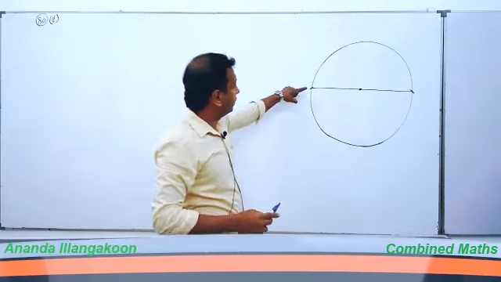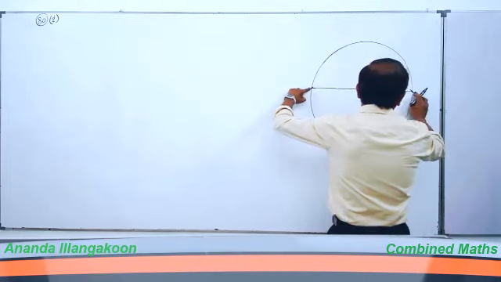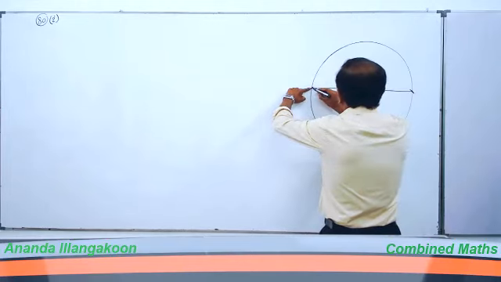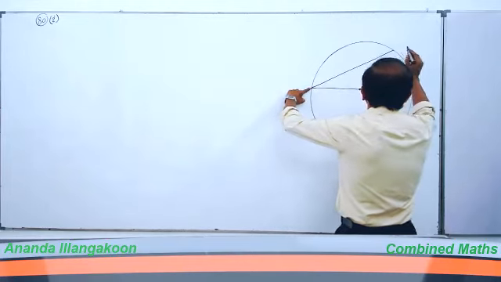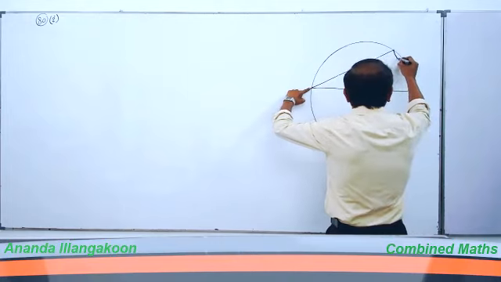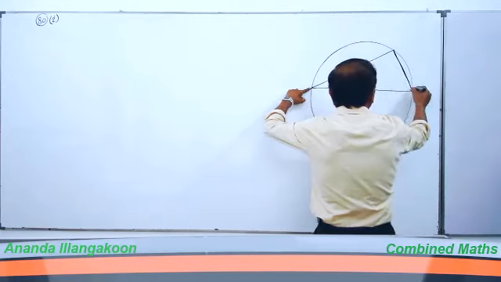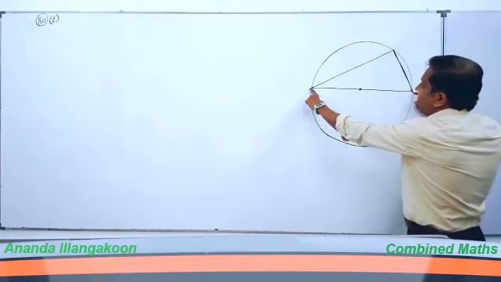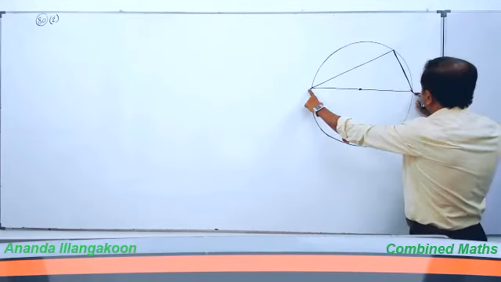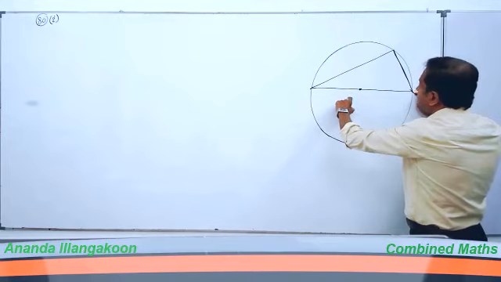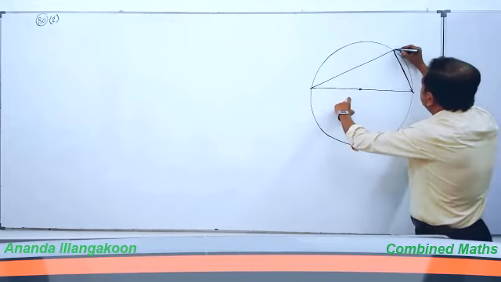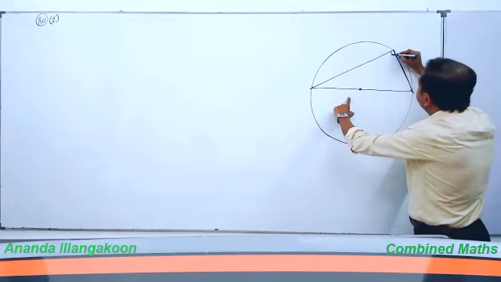When these two ends of this diameter are joined to any point on the circumference of the circle, then you know this angle is 90.